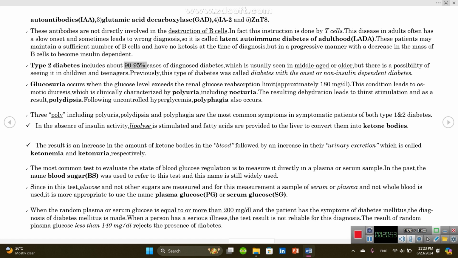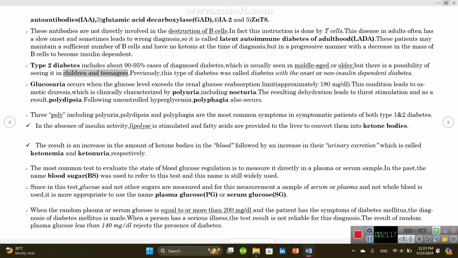It means that type 2 diabetes is much more common than type 1. It is usually seen in middle-aged or older people, but there is a possibility of seeing it in children and teenagers.